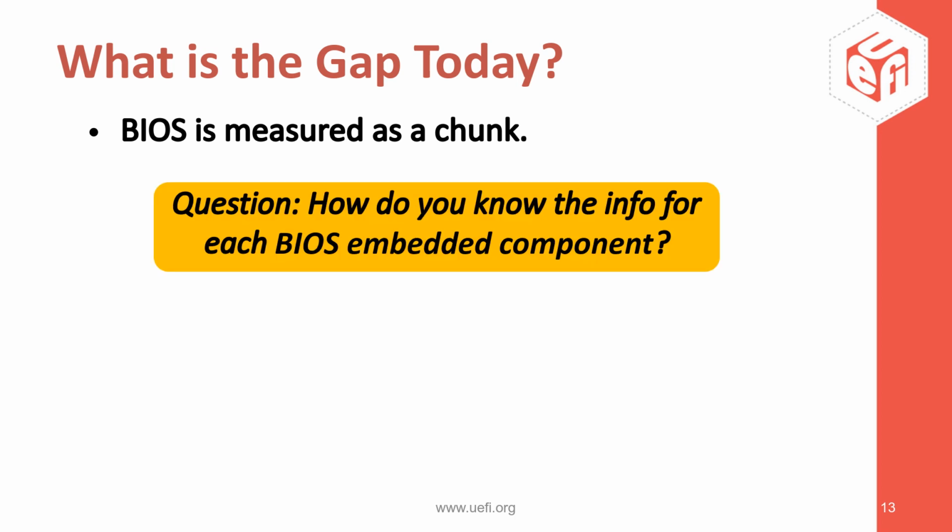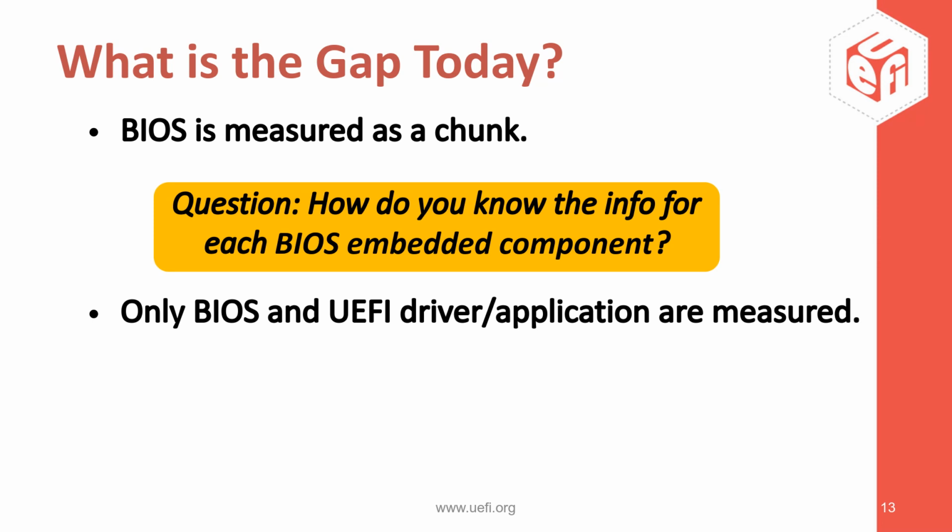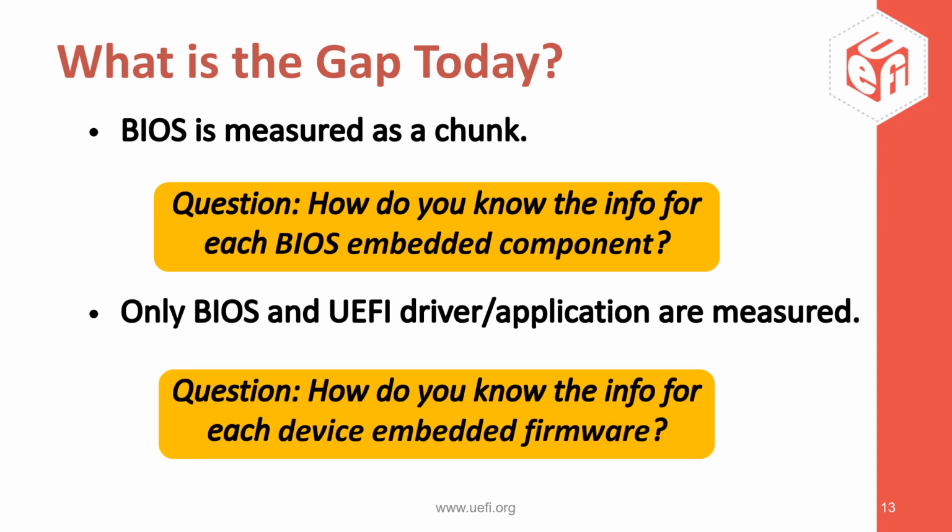So how do you know what components are embedded within the BIOS, and how do you know what those specific components are? Right now, basically BIOS measures itself and the things that it contains or the things that it can see. But how do we understand the firmware that's actually embedded in each of the devices?